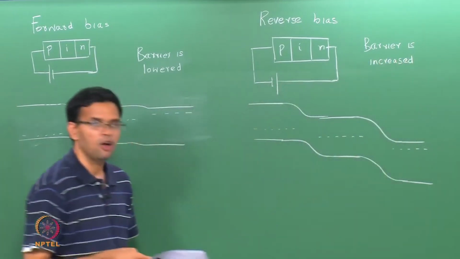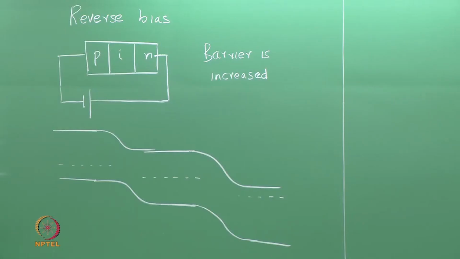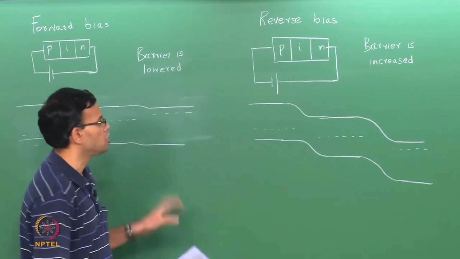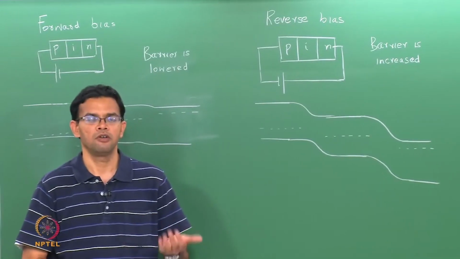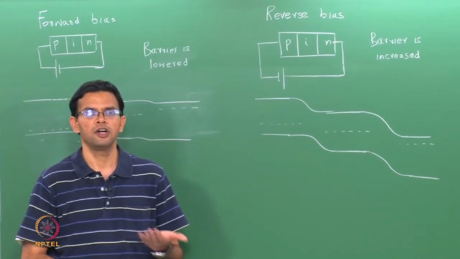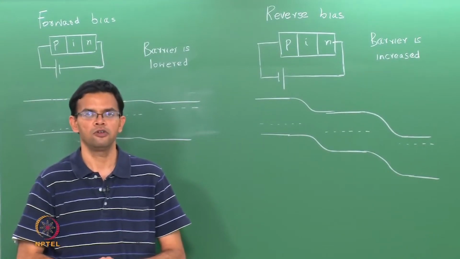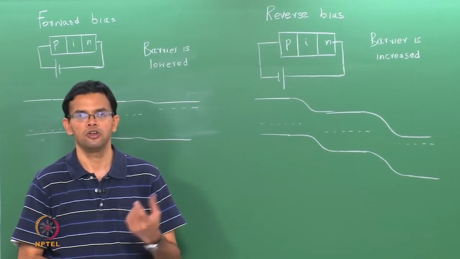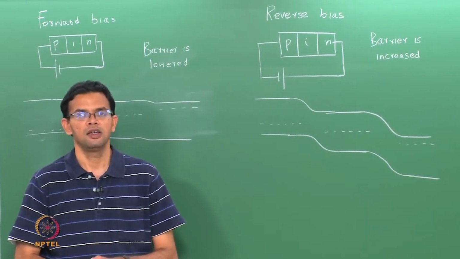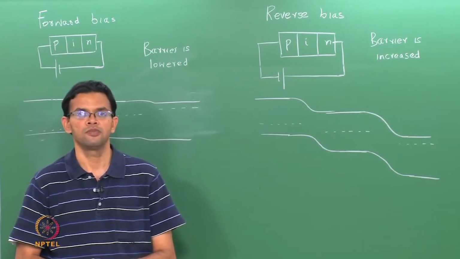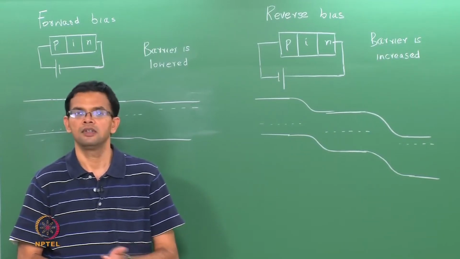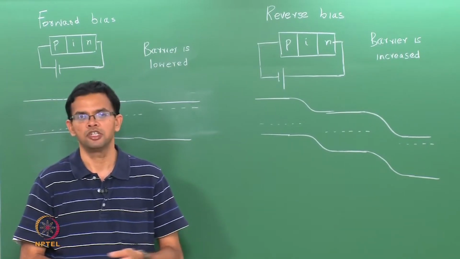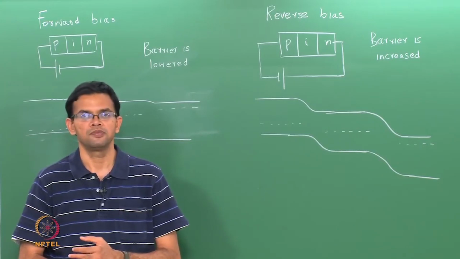So the last part of the question asks, for use as a photodetector, do we use the PIN junction in forward or reverse bias? So if you look at the working of a photodetector, it is one where light falls onto your material, so onto your device, and essentially this creates electrons and holes which are detected as a current, and the intensity or the value of the current is directly proportional to the intensity of the light.